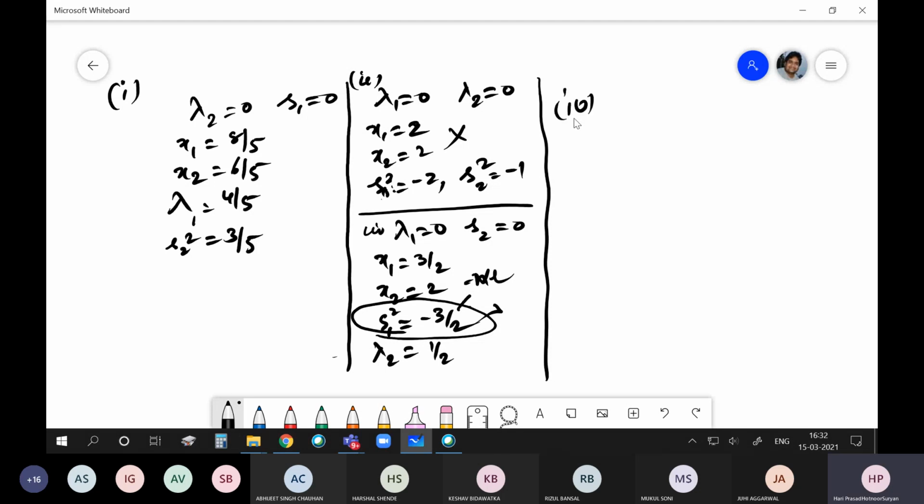Now the fourth option is s1 equals 0 and s2 equals 0.